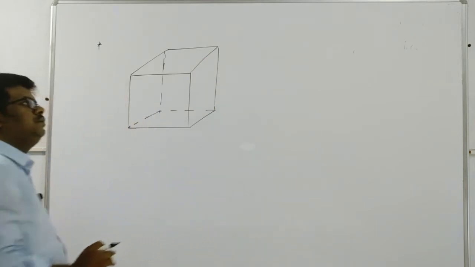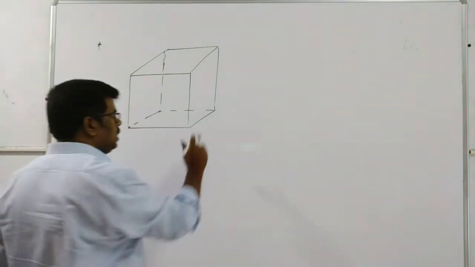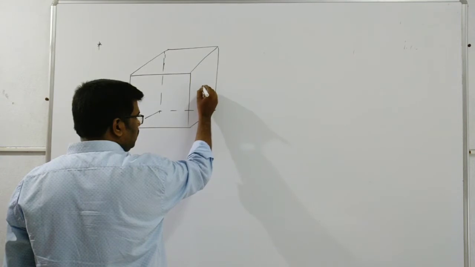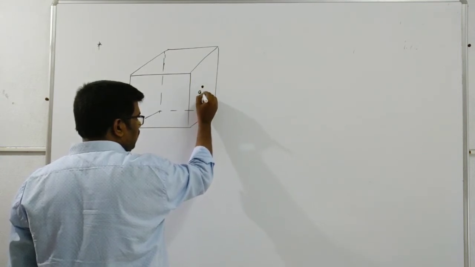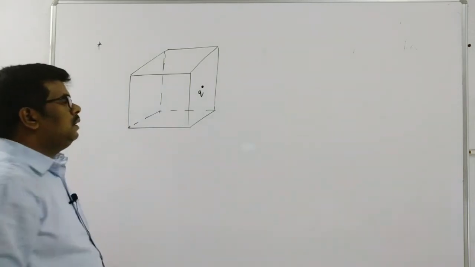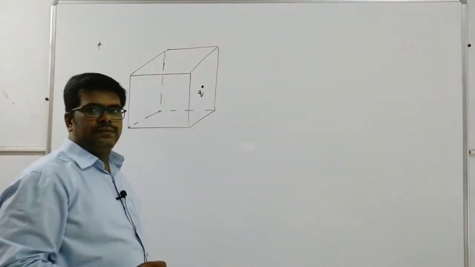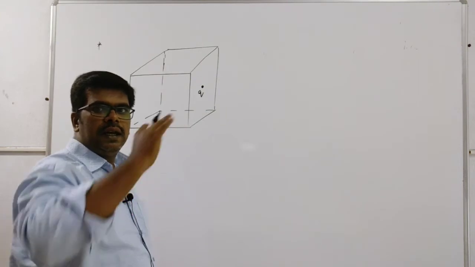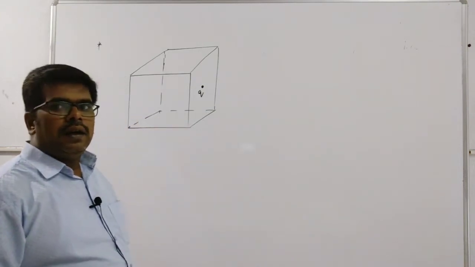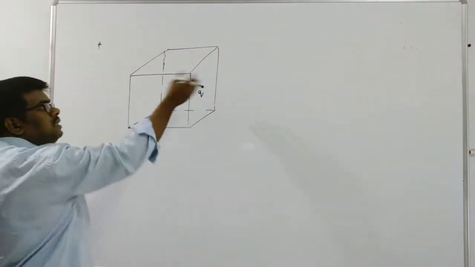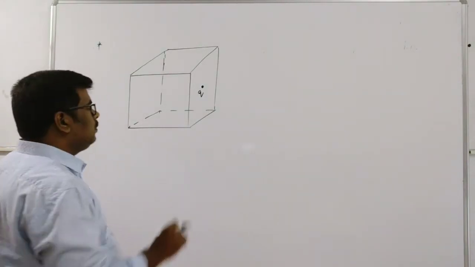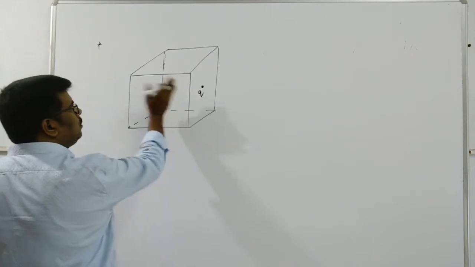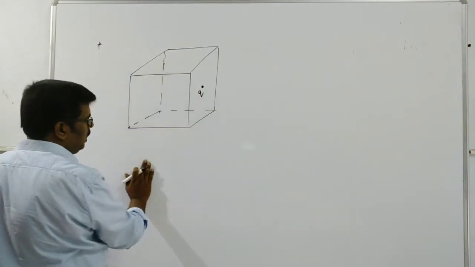The charge q is located on one face of the cube. To enclose this charge, what do we need? We need another such cube constructed on the right hand side. Our intention is to find the flux through this cube due to this charge.